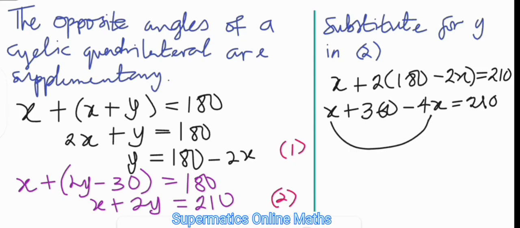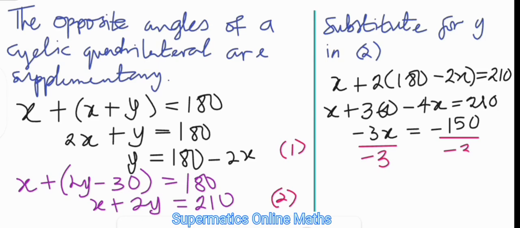Then x minus 4x gives negative 3x, while 360 taken away from 210 gives negative 150. Dividing both sides by negative 3, x is 50.